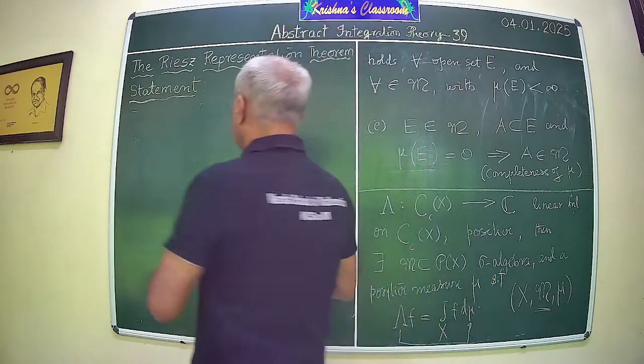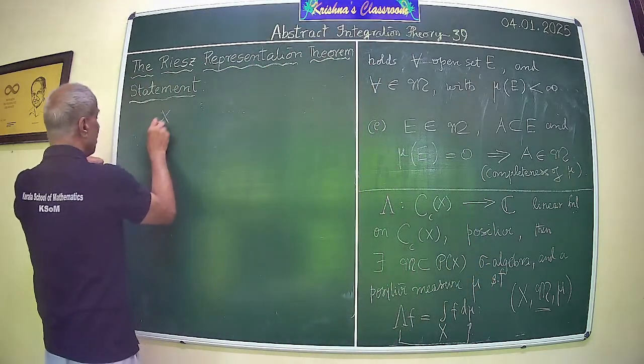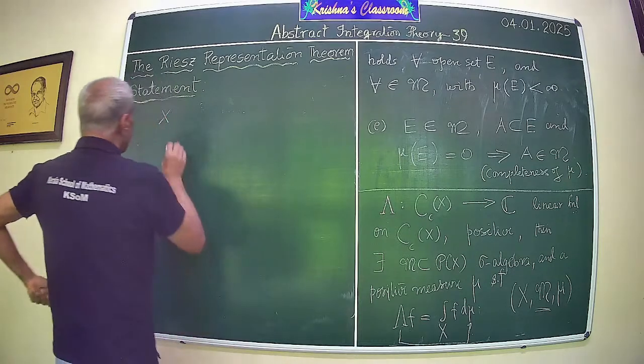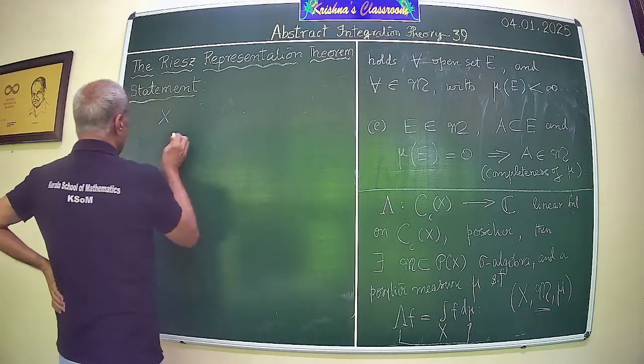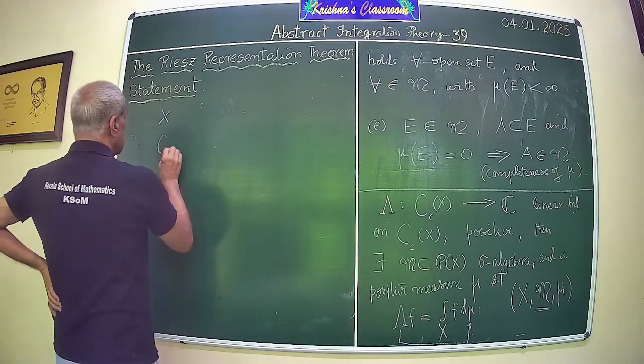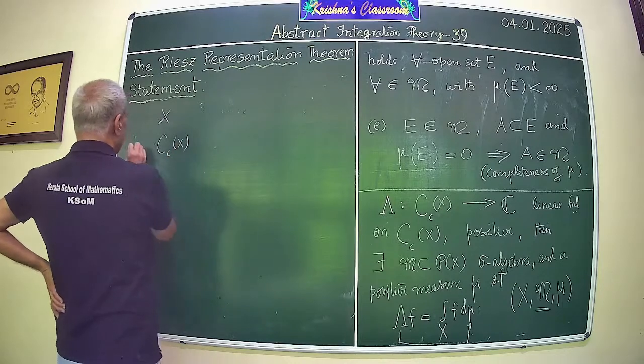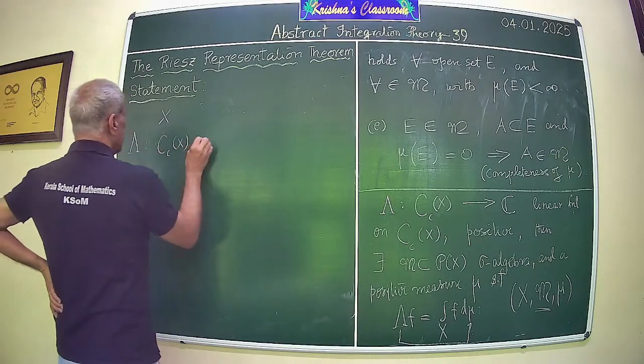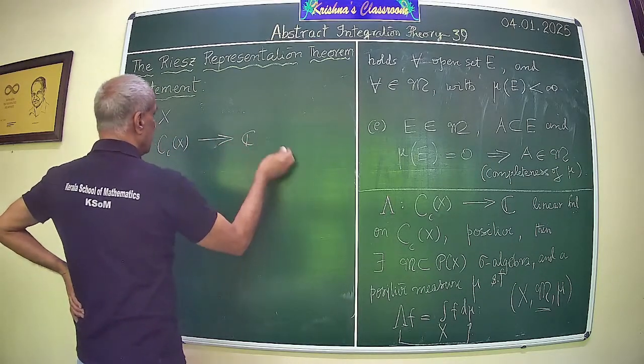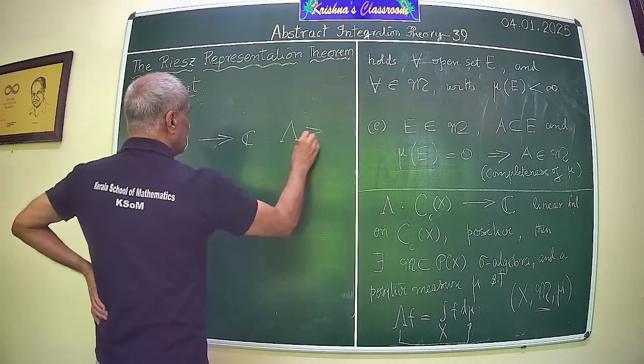Now you have X, a locally compact space, and you have a Cc(X), and we have lambda positive.